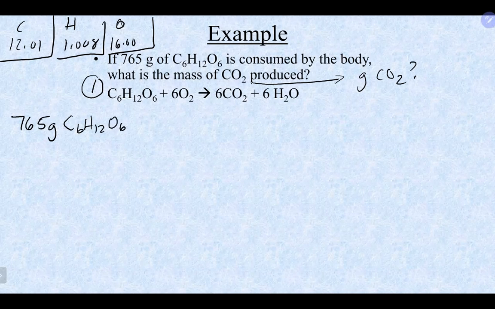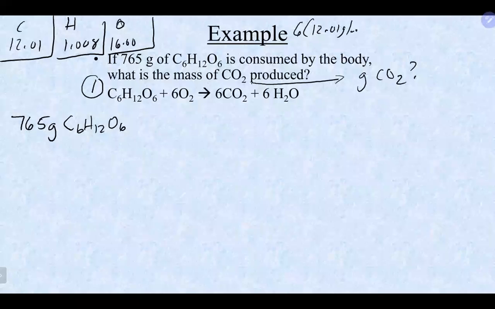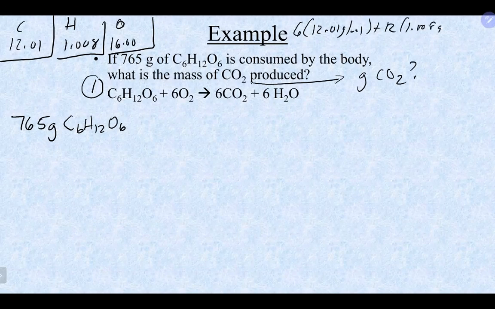In order to do that, we need to go to the periodic table, get the molar mass of that big guy there. So that's going to be 6 times 12.01 for our carbons, plus 12 times 1.008 for our hydrogens, plus 6 times 16 for our oxygens. That's going to give us a molar mass of 180.2 grams per mole.